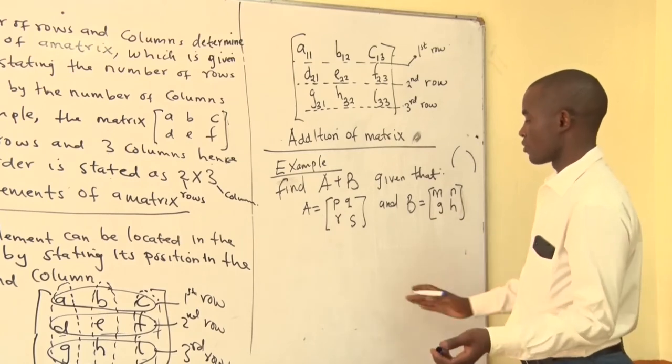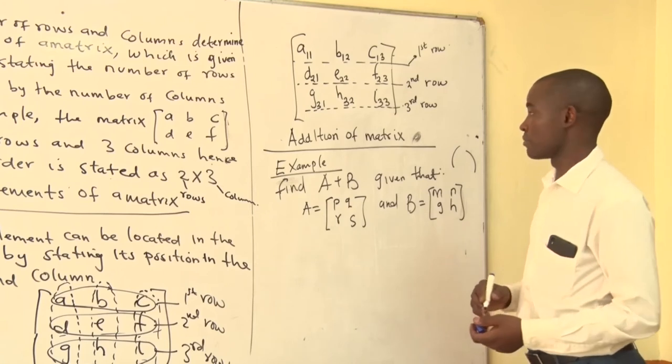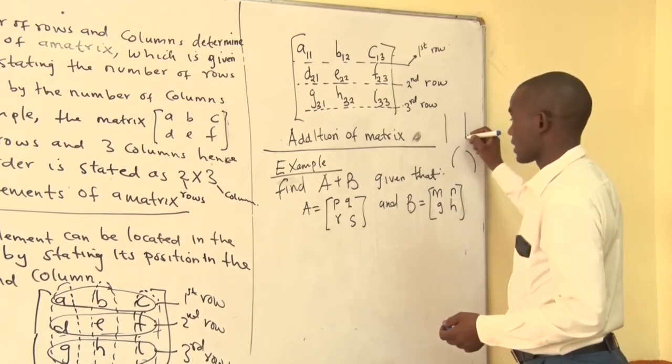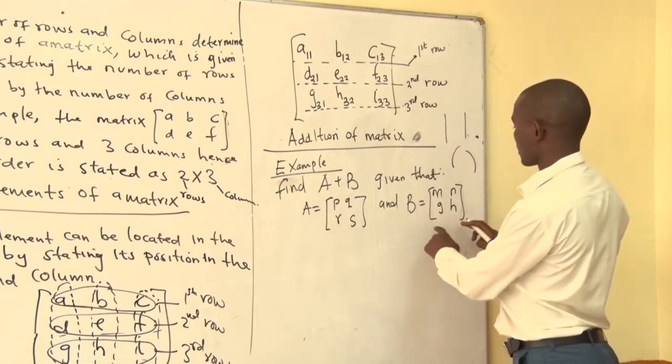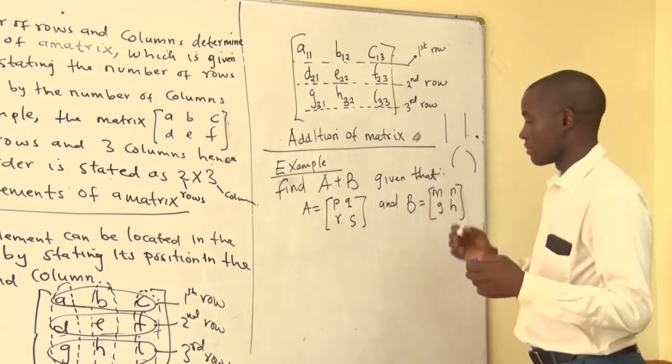It is still the same. You can have a square bracket, you can have a curved bracket, but avoid writing straight lines, because if you write characters and you do this, you will be meaning something different. You can either take the square brackets or you can take the curved brackets. They mean the same thing.